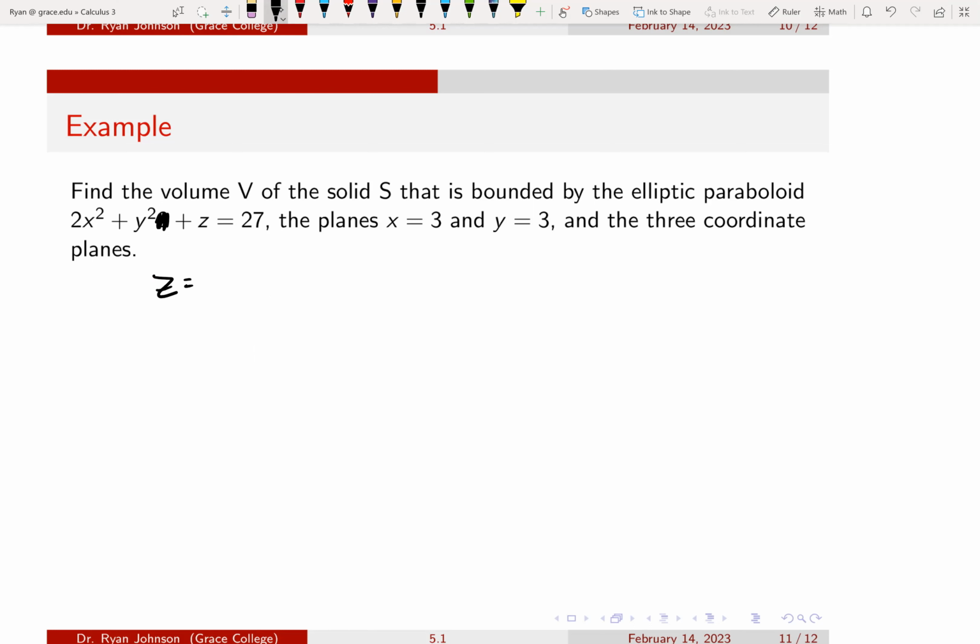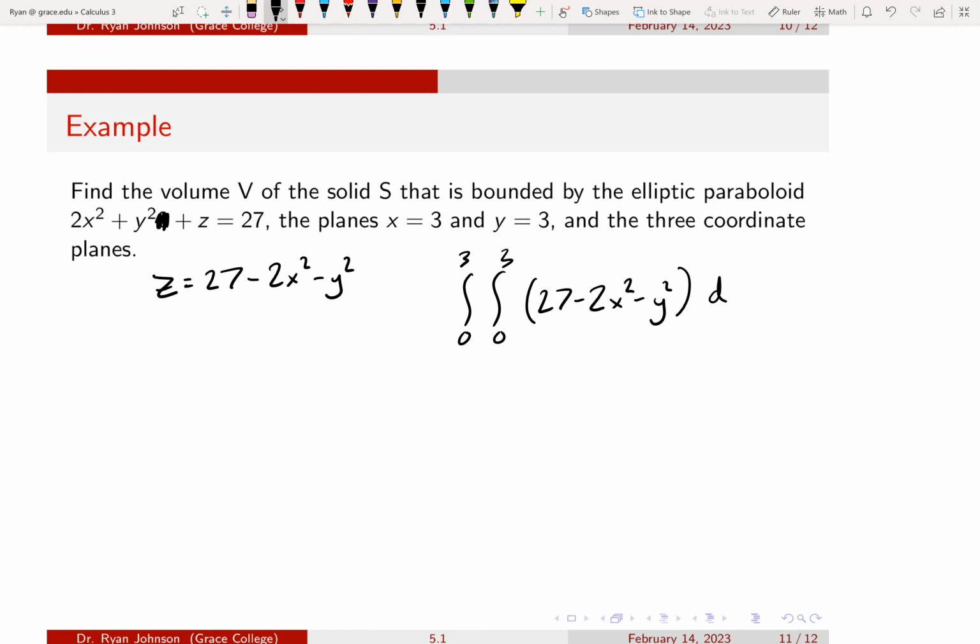Z equals 27 minus 2x squared minus y squared. So that gives us the height of the solid. So then we're integrating 0 to 3 of 27 minus 2x squared minus y squared. It doesn't really matter, they're both 0 to 3. So let's do x first and then y.